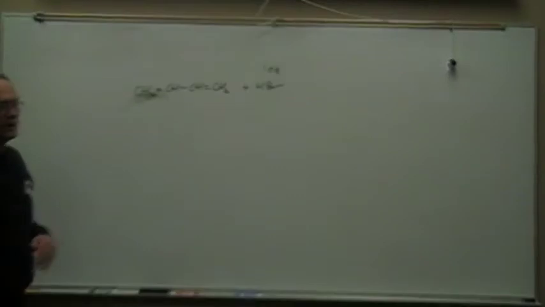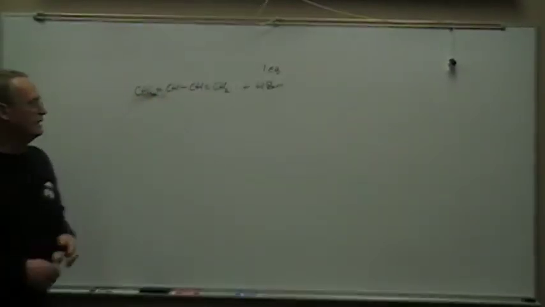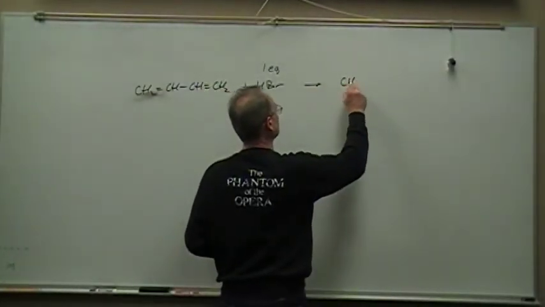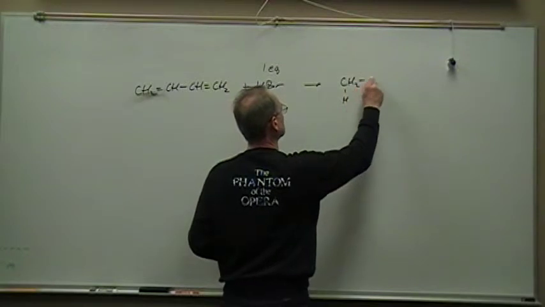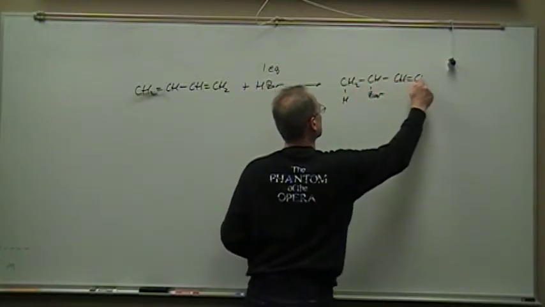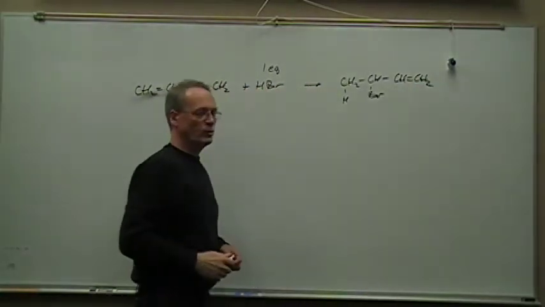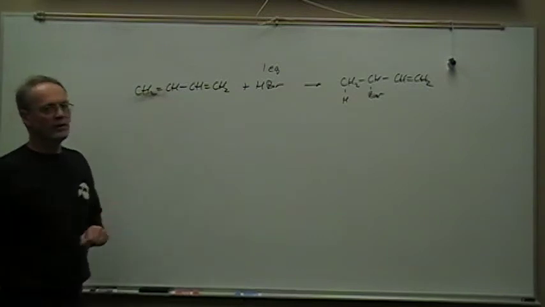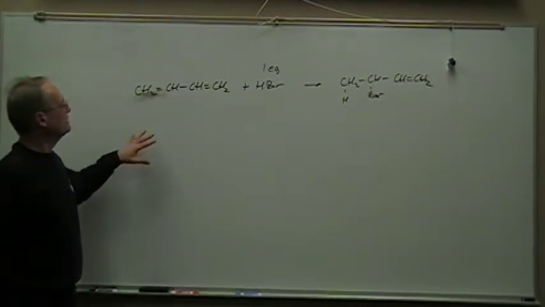Well, you have two possibilities. You can either add the hydrogen and the bromine next to each other on a double bond. In this case, it doesn't matter which one because they're the same as each other. That would be the 1,2 addition. And notice that I've done it with the hydrogen here and the bromine there rather than vice versa because it's Markovnikov.